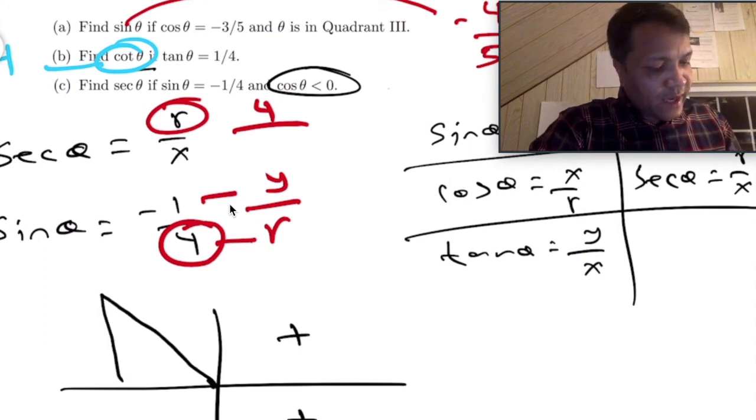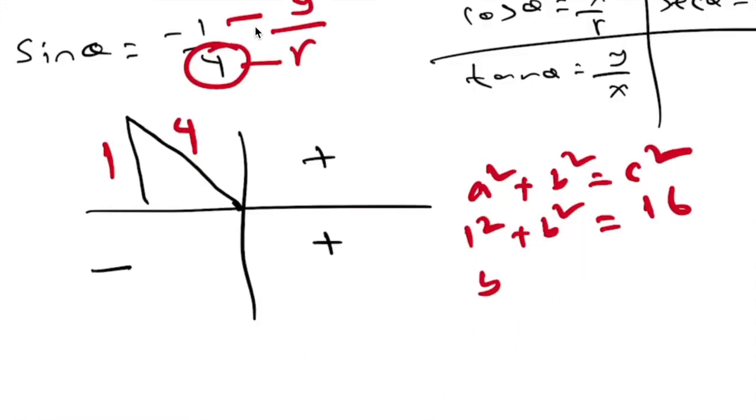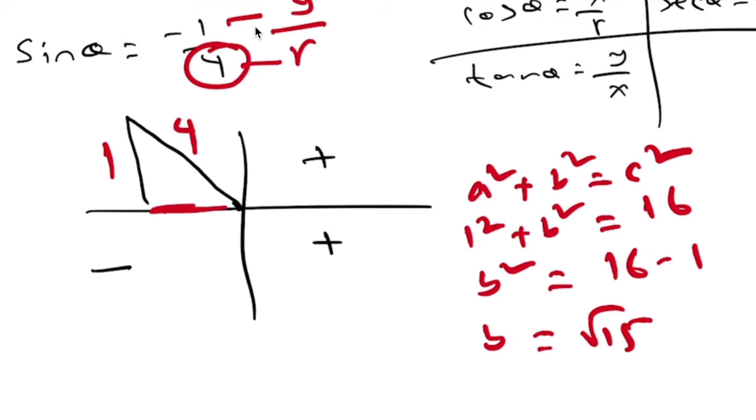Alright, so we have r is 4 and y is 1. So a squared plus b squared equal to c squared. Then 1 squared plus b squared is equal to 4 squared, which is 16. So b squared is 16 minus 1. So b is the square root of 15. So then x is the square root of 15.